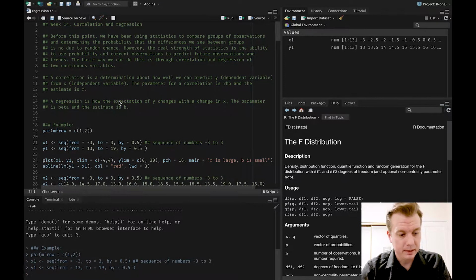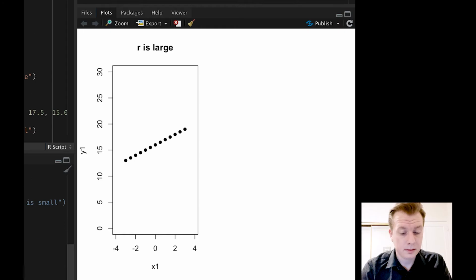So let's plot these and see what it looks like. Here x is on the x-axis and y is on the y-axis. You can see that the points make a very tight line. And it looks like as x increases, y also increases at the same rate.